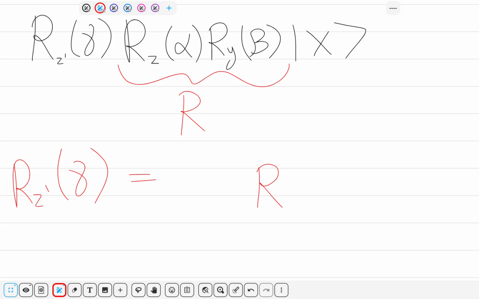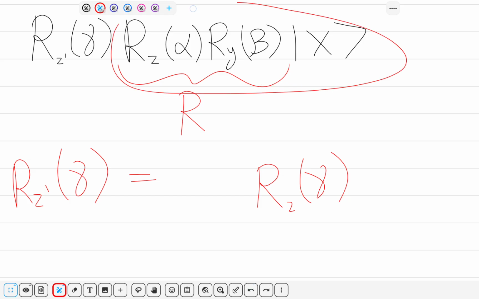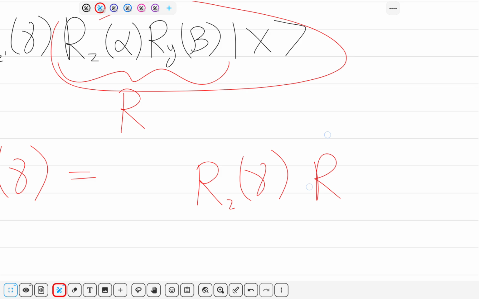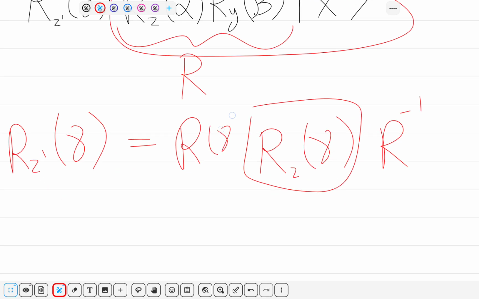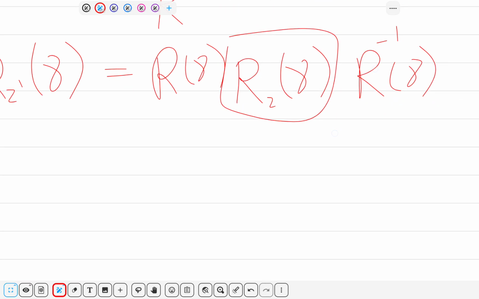We first convert this whole rotation back to our space by doing R inverse, and after doing this rotation we bring it back to our space, pretending nothing happened.